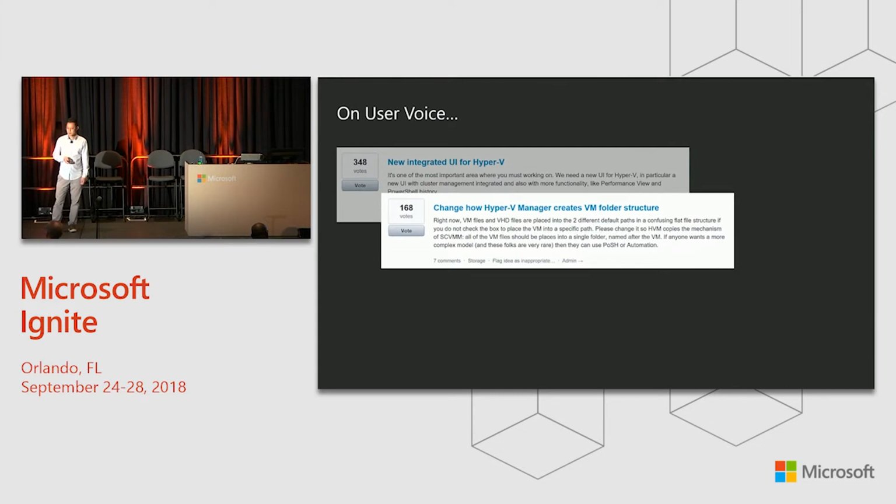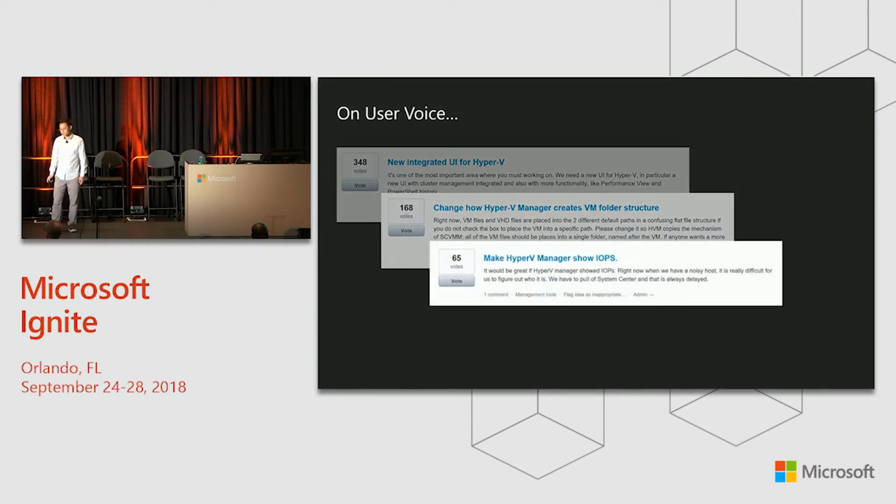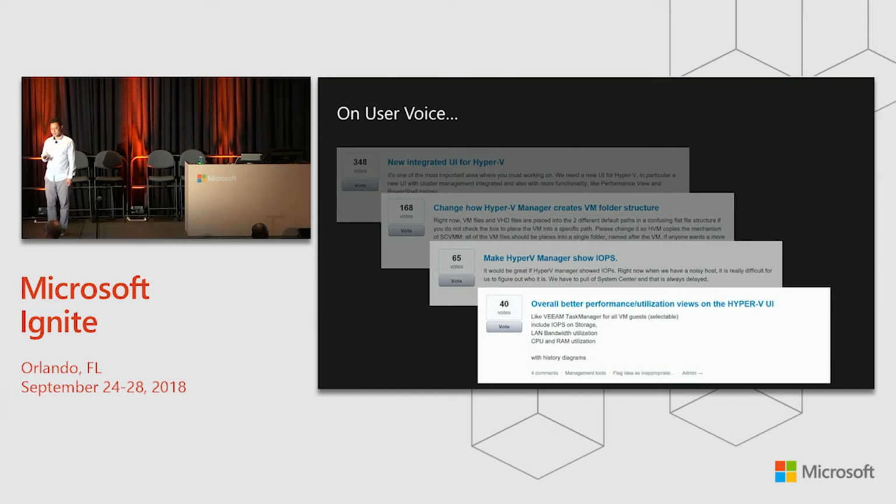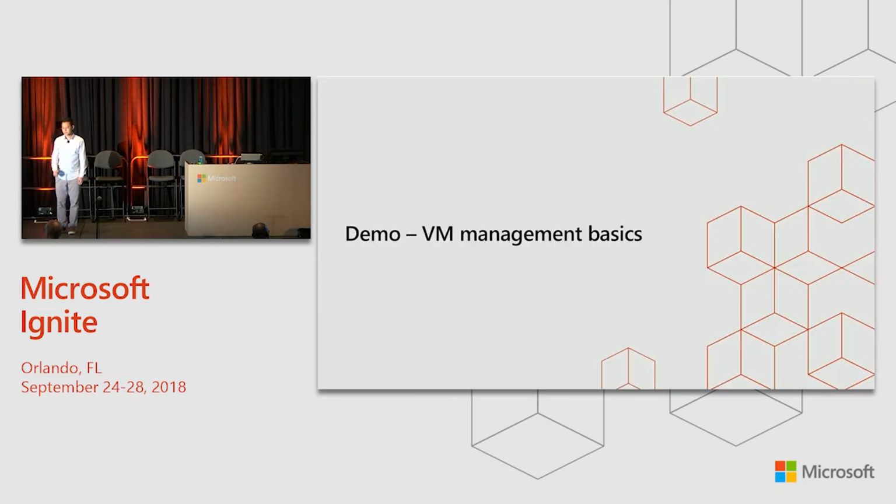Another request is bringing the VM files, the VM VHD files, the VM configuration files into a single folder to make it easier to manage and maintain. Another top request, Hyper-V Manager show IOPS, and then better performance charts for network and CPU and RAM utilization, along with historical charts.